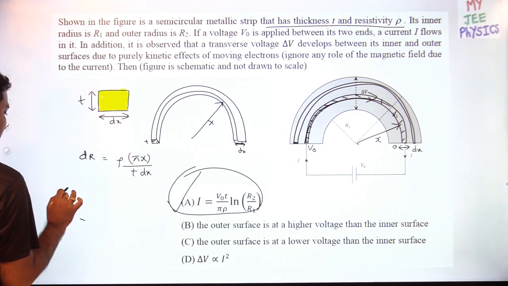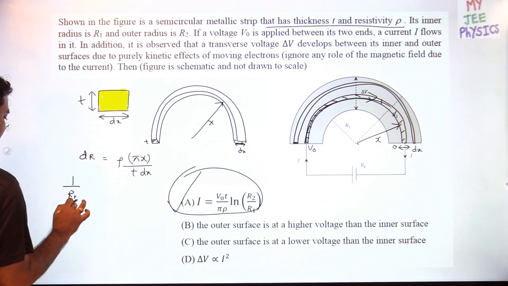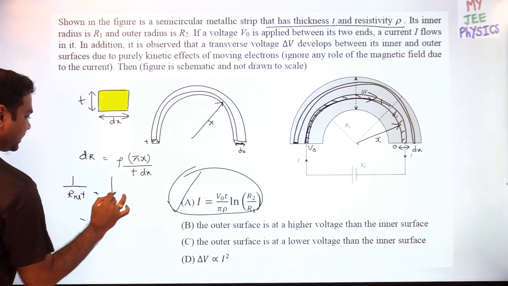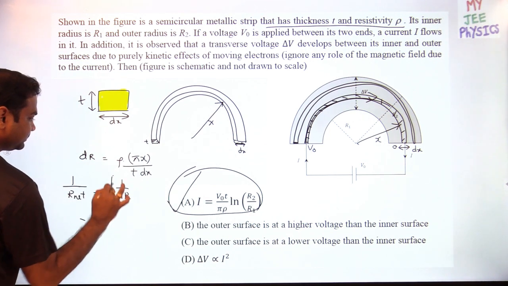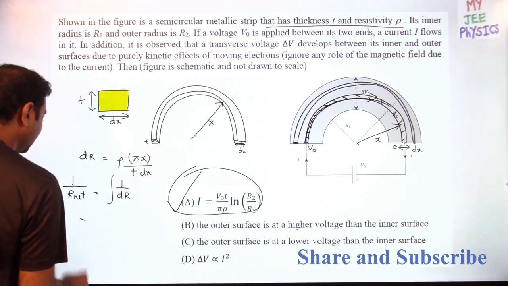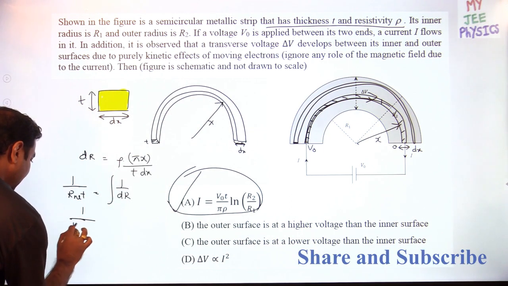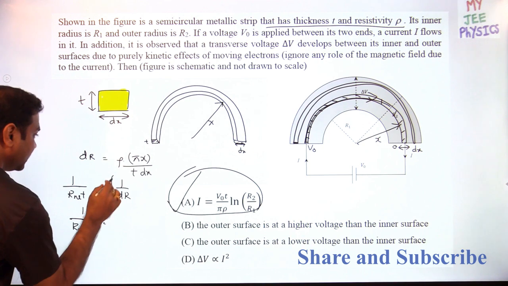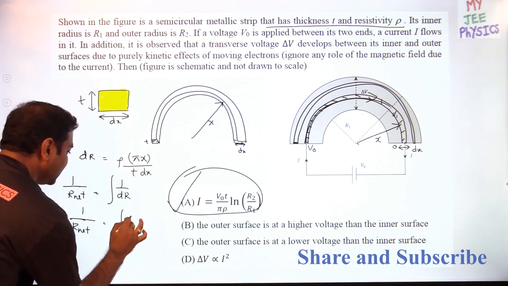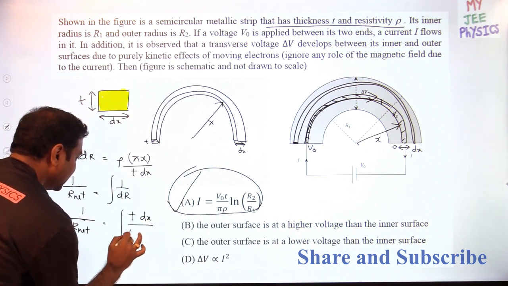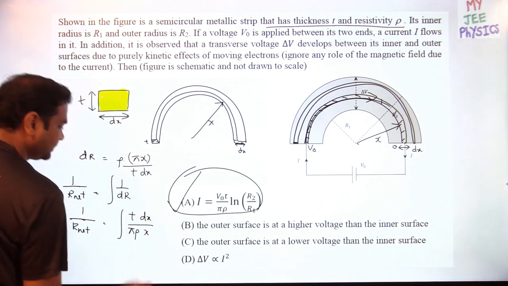Then what is the total resistance? 1 by R net is equal to the integral of 1 by dR, because it's a parallel connection. So 1 by R net is the integral of t into dx by pi rho into x.